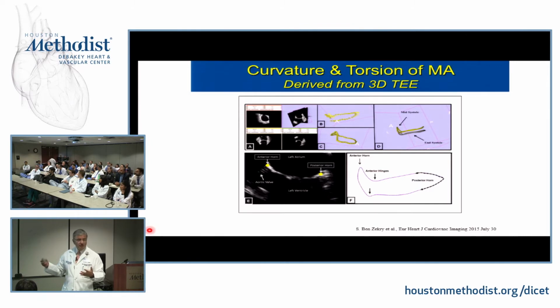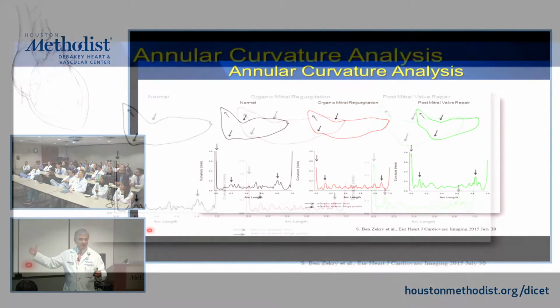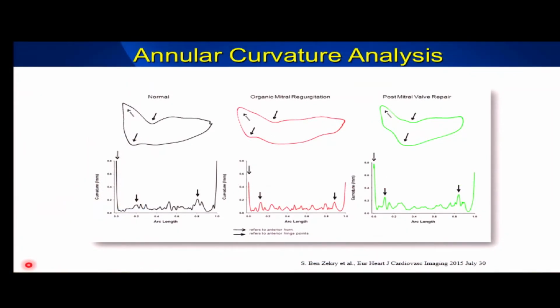He introduced us to a few things about the annulus and curvature in 3D. How do you plot a certain geometry in 3D, basically? It has names of torsion and curvature. I don't want to bore you with the details, but now you could describe the shape of an object in 3D.